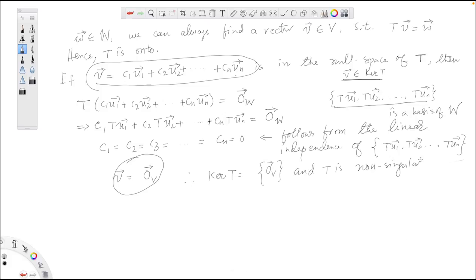So we have been able to prove that T is onto, and we also proved that T is non-singular, meaning that T is one-to-one, and hence T is invertible. QED. This proves that these 5 conditions are equivalent.